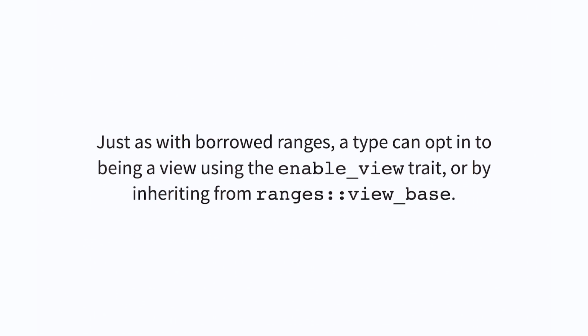And we can say, hey, my range type is in fact a view. Or alternatively, there's this standard ranges view base class that we can inherit from, and that will again tell the ranges machinery that please consider this range type to be a view. And there's actually another base class called standard ranges view interface, which we can use instead, which is actually a bit more useful because it comes with some default operations as well.